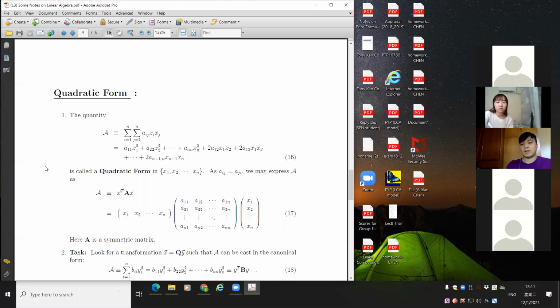How about this? Because some of you seem to be unfamiliar with this topic. Okay, I will talk about quadratic form on Thursday, and the TA will answer your questions about this topic as well. How about this? Okay, further discussion on this topic.